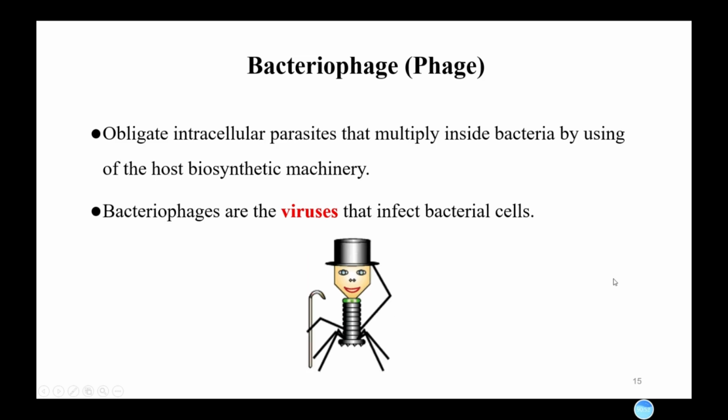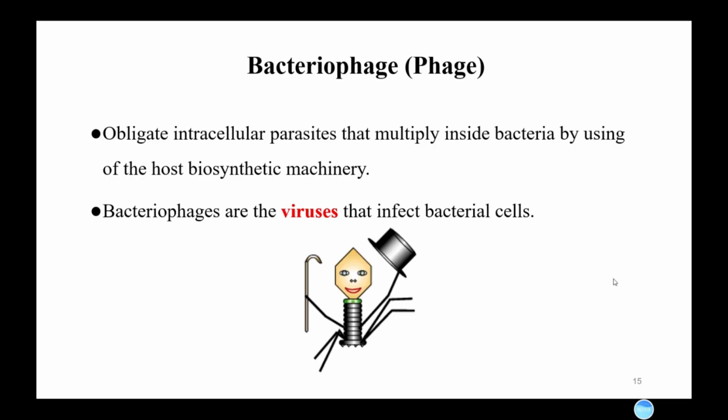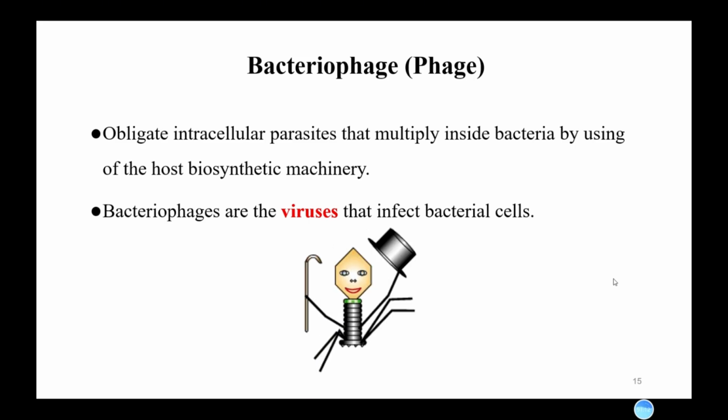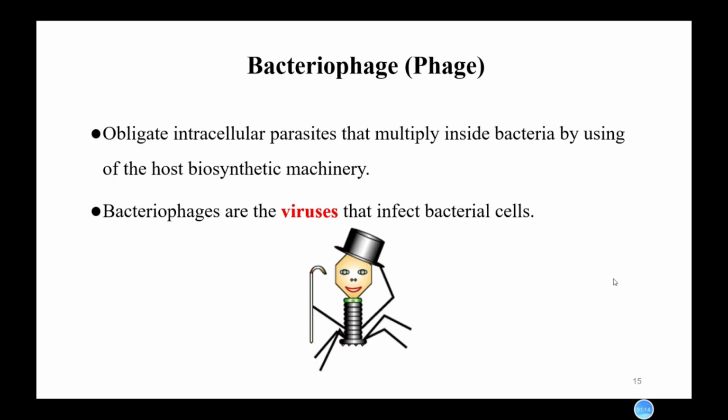Okay, transposon. Before the end of the lecture, we want to introduce another phenomenon. It's called bacteriophage. Bacterial is related to bacteria. What's the meaning of phage? Eat, right? So engulf, eat.